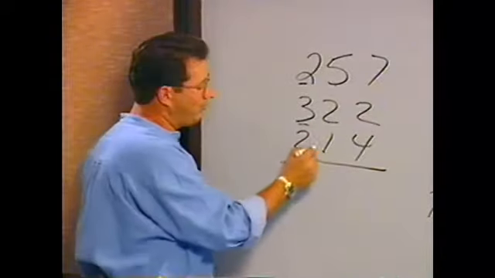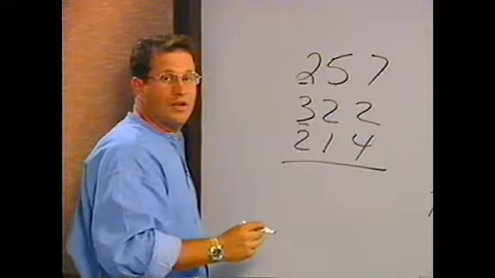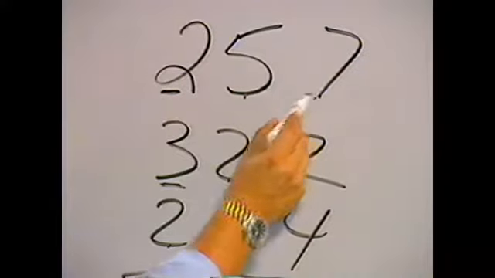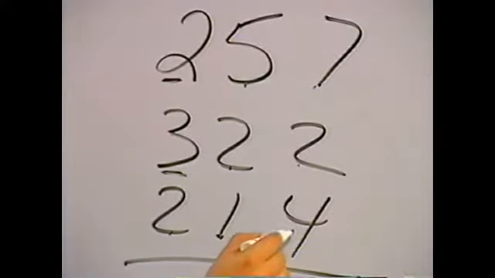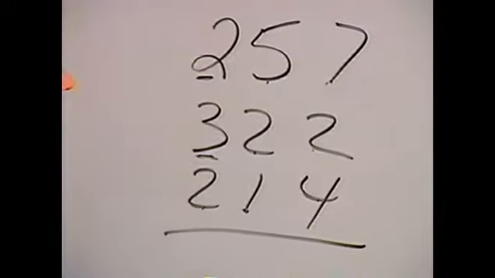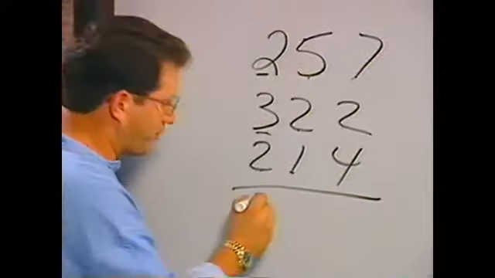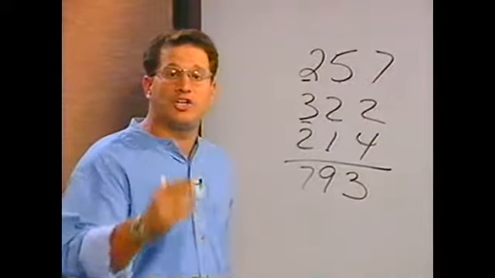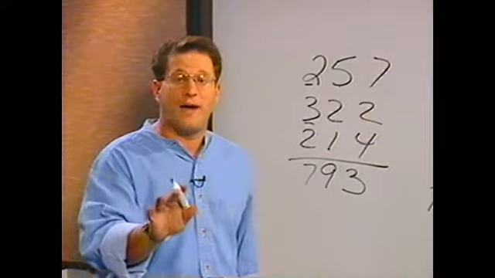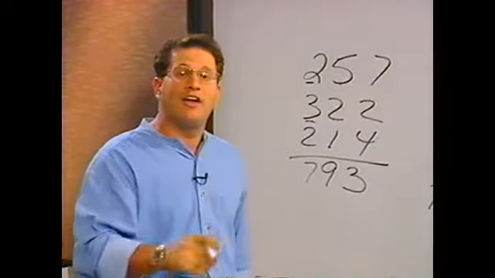And then we go to the ones. What's 780 plus 7? 787. And then 2 more would give us 789. And then 4 more would give us 793. So the answer is 793. How'd you do? If you have any troubles, please go back to the addition section. If not, let's try some subtraction.